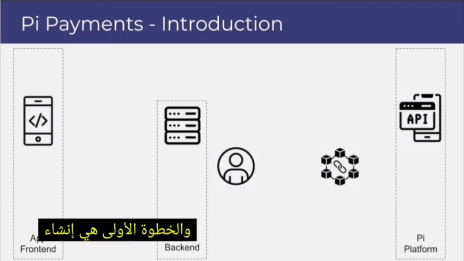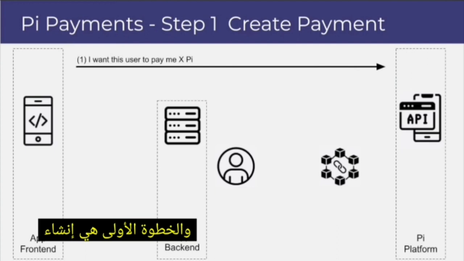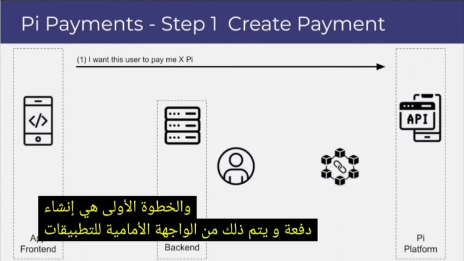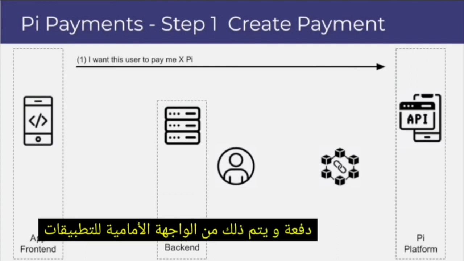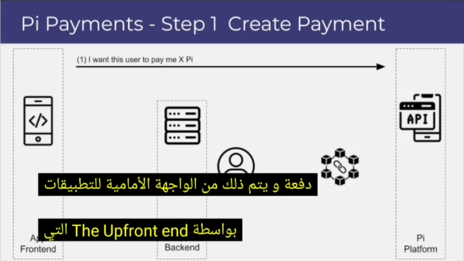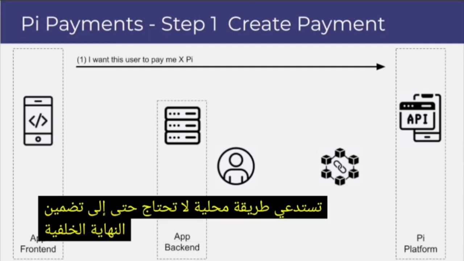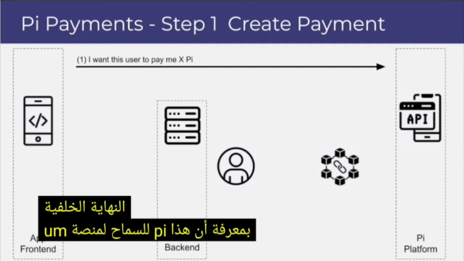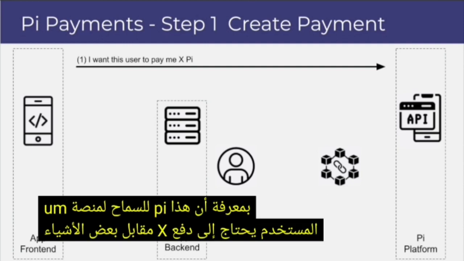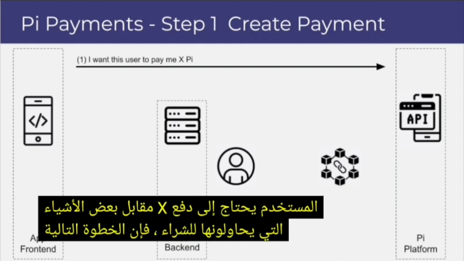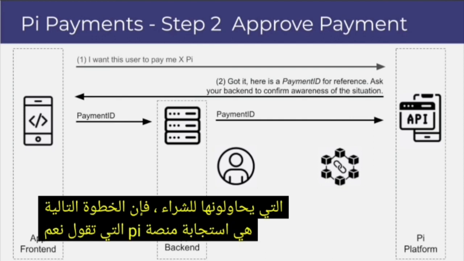And step 1 is creating the payment, and that is done from the app's front end, by the app front end calling a local method that doesn't even need to involve the backend, to let the Pi platform know that this user needs to pay X Pi for something that they are trying to buy. So next, the Pi platform responds saying, yep, I'm aware of what's going on.